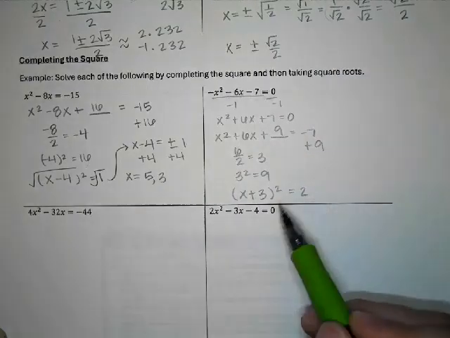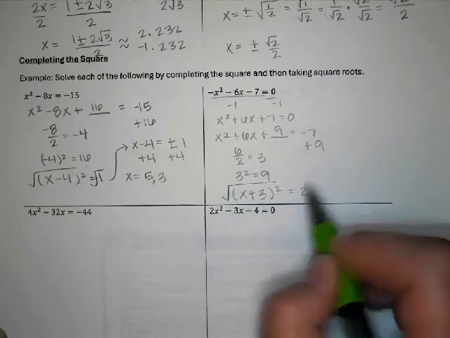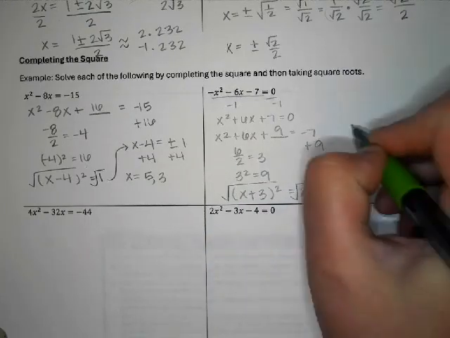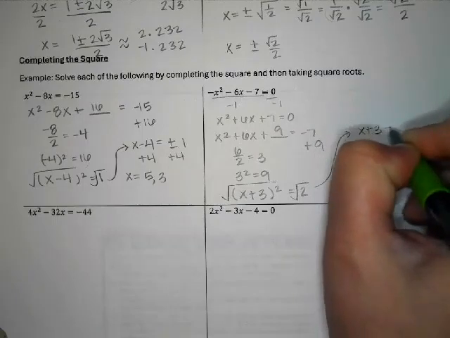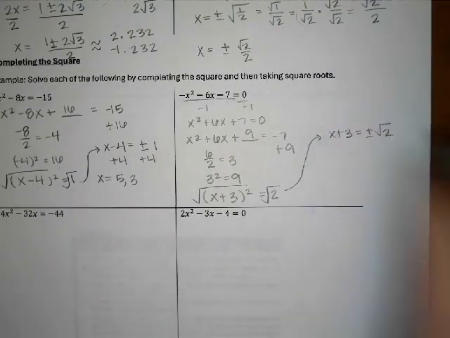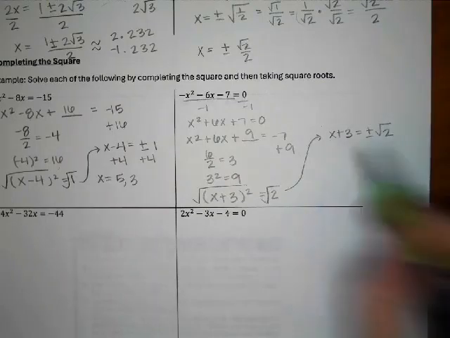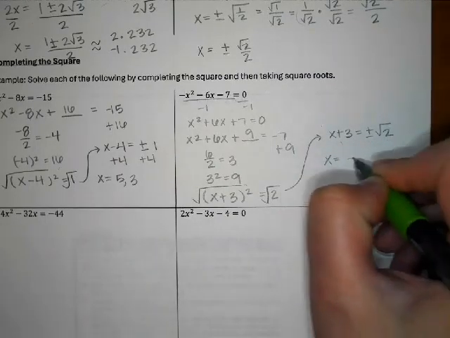All right. From here, I can go ahead and start solving for x. So I'm going to square root each side. I get x plus 3 equals plus or minus the square root of 2. And then to get the x alone, I'll just subtract the 3 over to the other side.